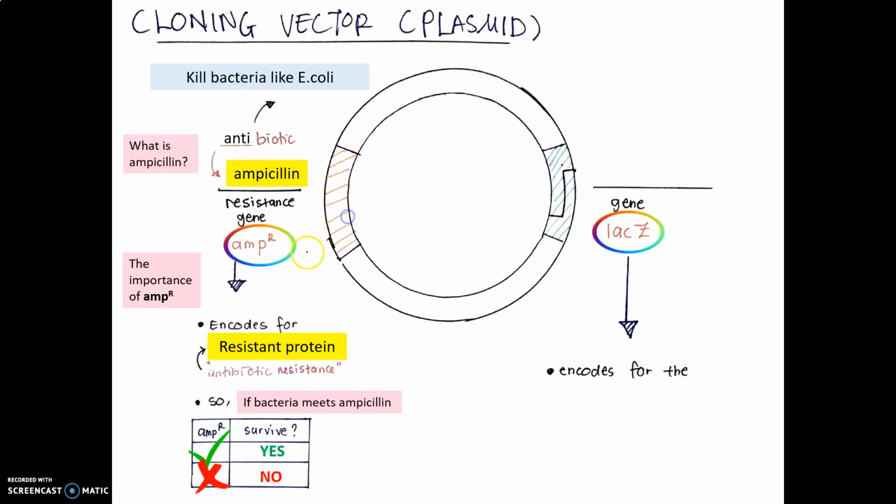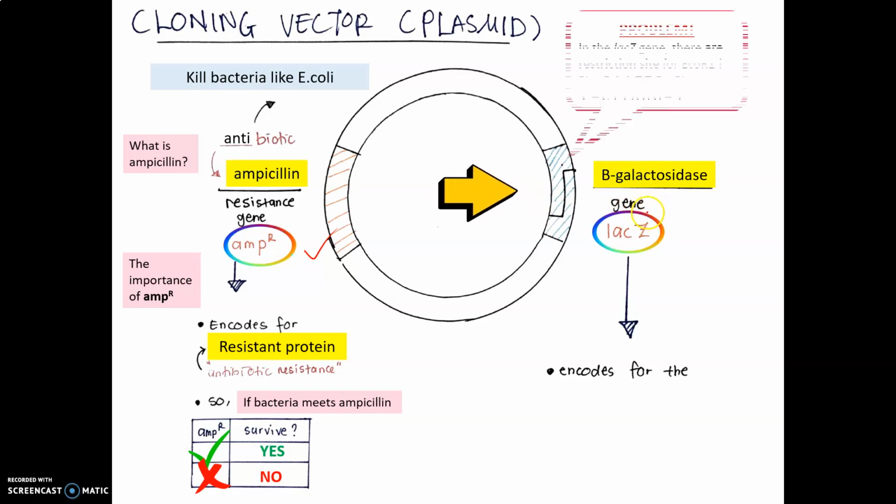Itu AMPR, settle. Now kita ada another part of vector plasmid iaitu ada lacZ gene. Bila kata lacZ gene, ingat balik dalam lac operon, it encodes for beta galactosidase. So kita ada this lacZ gene which encodes for beta galactosidase.